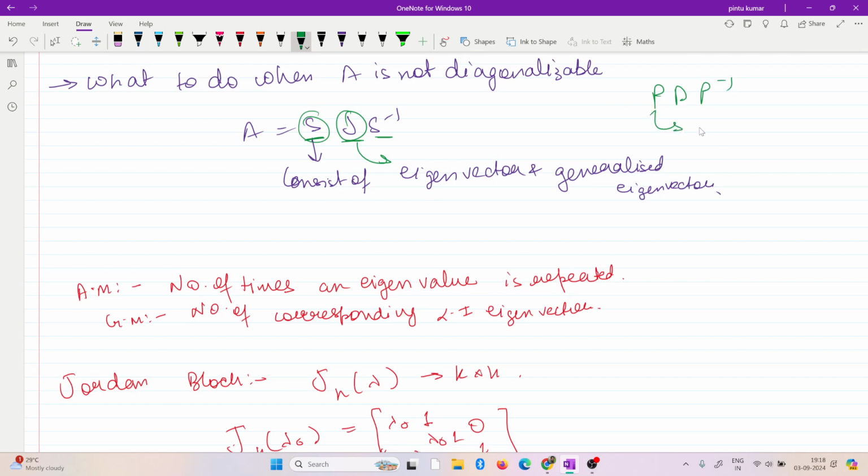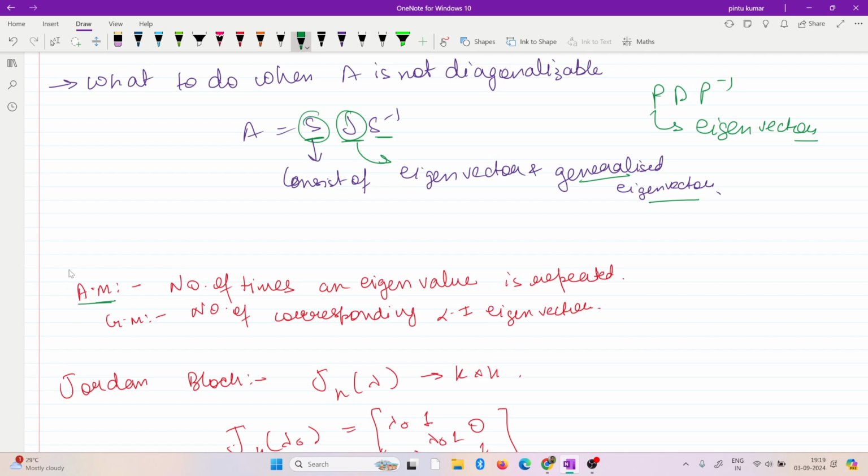This P consisted of your eigenvectors, right? But because now you don't have enough number of eigenvectors, you will go for something known as generalized eigenvectors. I'll discuss what is a generalized eigenvector and all those kind of things. We'll do a full-fledged example on this. Don't worry about it. Right now, I'm just explaining the terminologies.